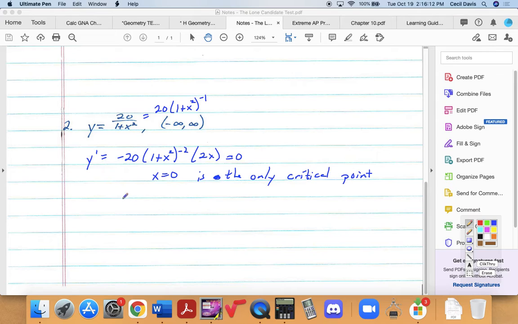So now I just need to figure out if that's a local minimum or a local maximum. If I'm looking around 0, if I pick a value of x greater than 0, I've got a negative over a positive, so y prime less than 0. If I pick a negative number, I've got a positive over a positive, so y prime is positive.